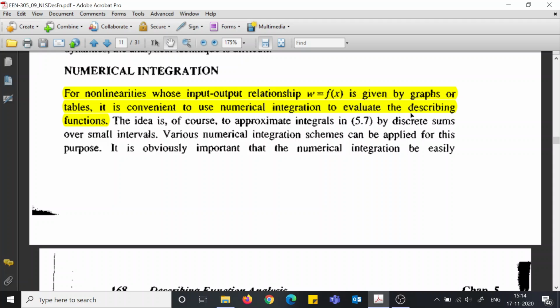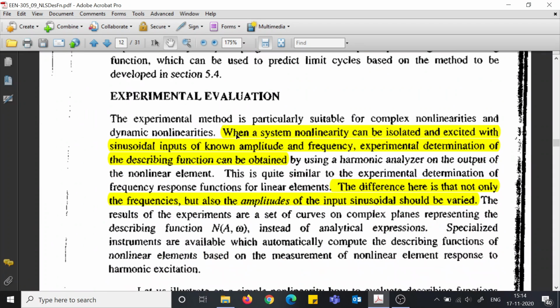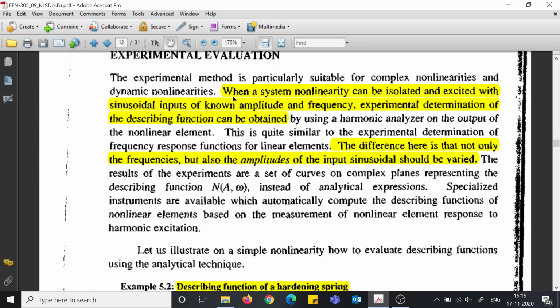Numerical integration: from the plots, graphs and tables, if you have the input output relationship, then you can do numerical integration. Experimental evaluation is the same as doing frequency response analysis of a linear system. We can excite the nonlinearity with sinusoidal inputs of known amplitude and frequency, determine the output we are getting, and from that experimentally determine the describing function.